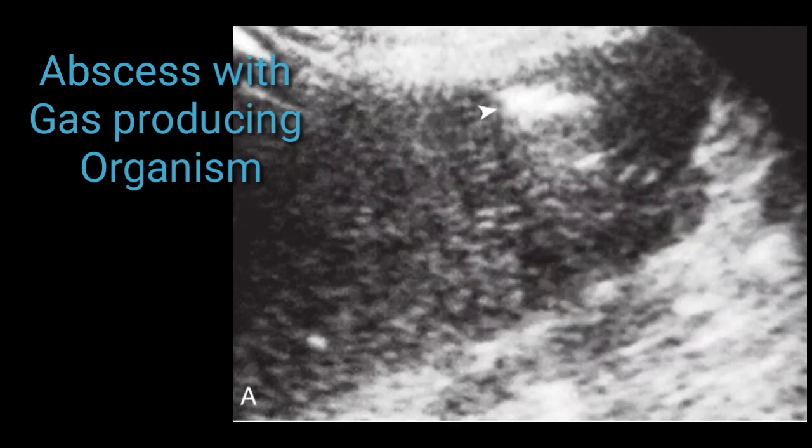This slide shows splenic abscess. Its magnified view clarifies the presence of gas which is producing dirty shadowing. In this case, the spleen was enlarged and the upper pole showed a complex cystic lesion with irregular wall, internal debris and dense calcification with dirty shadowing. Later on, microbiological examination confirmed it as a gas producing organism.